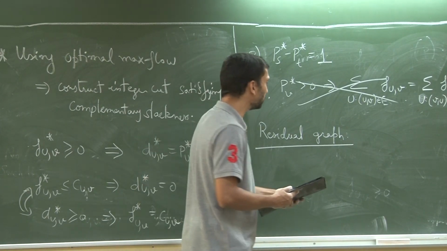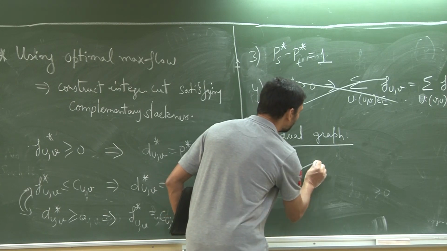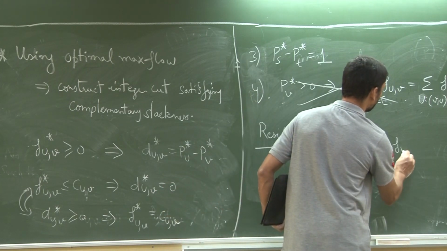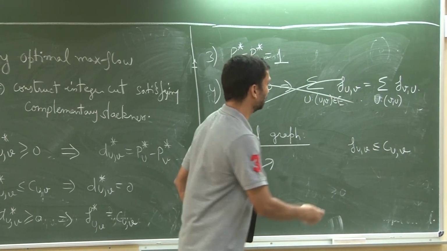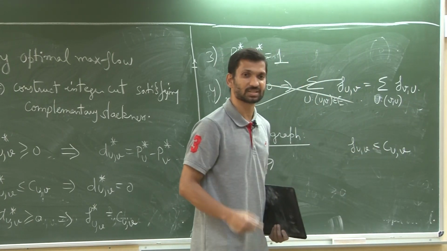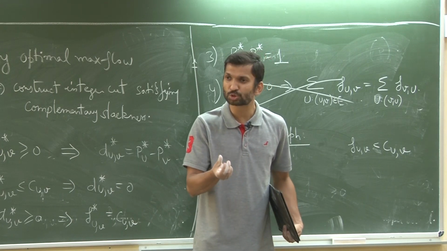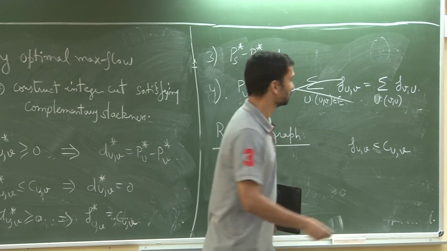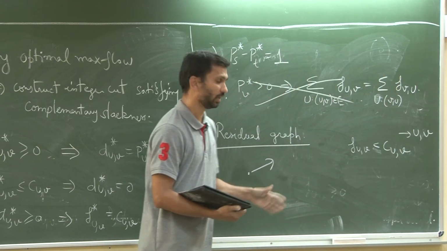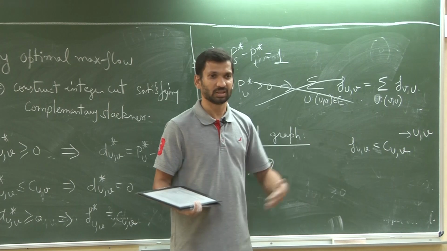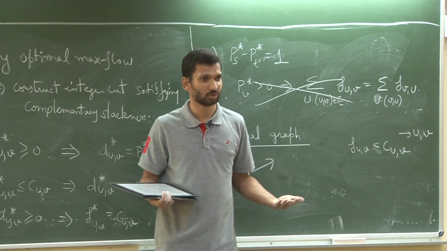Okay, so what do I do? I keep the edges, if this is the case, then that means I can push more flow through these edges. So I will keep them as edges UV. If I find a path of such edges, clearly my flow is not optimal.